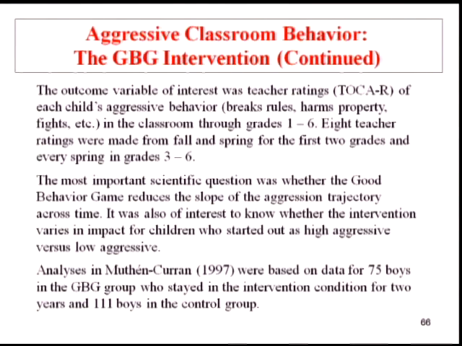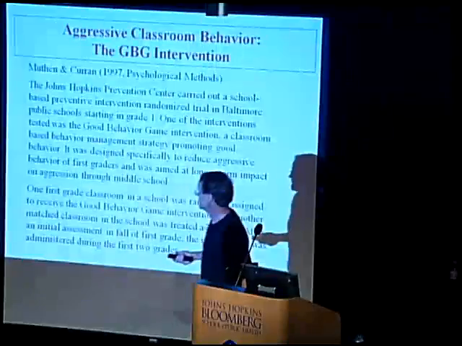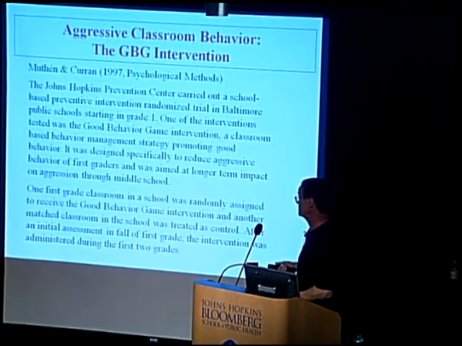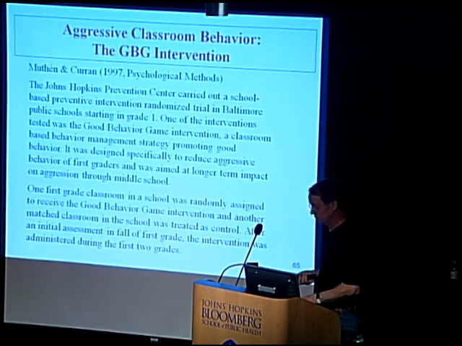And the question is if the good behavior game reduces the slope of the aggression trajectory across time, and whether or not, and this is a key interest, the intervention varies in impact for children who started out as high aggressive versus low aggressive. So the treatment baseline interaction idea. And here we have a fairly small sample size. You have 75 boys in the treatment group and 111 boys in the control group.